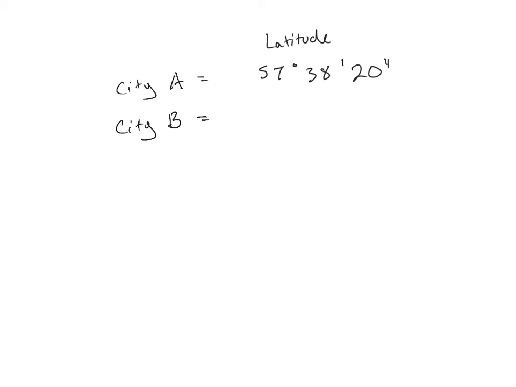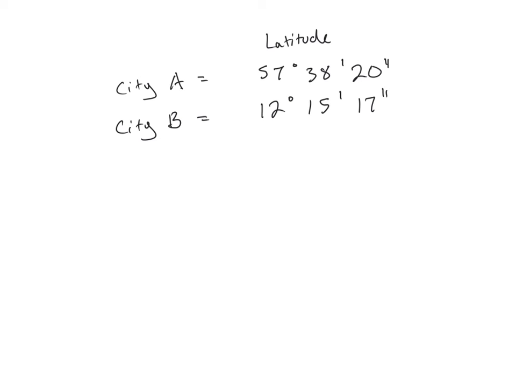So let's say we are given a city, we'll call this city A, at latitude 57 degrees, 38 minutes and 20 seconds, and city B is, we'll say, 12 degrees, 15 minutes and 17 seconds.